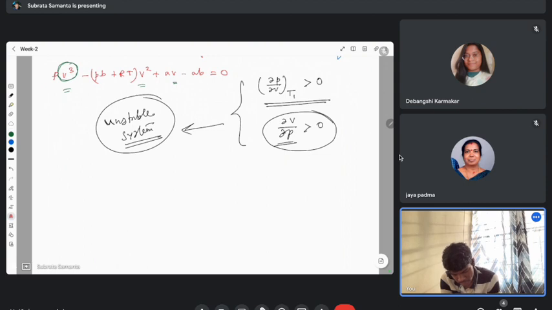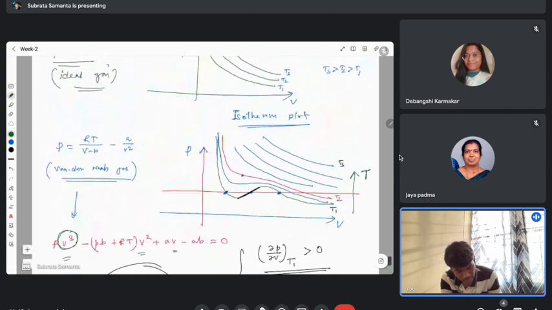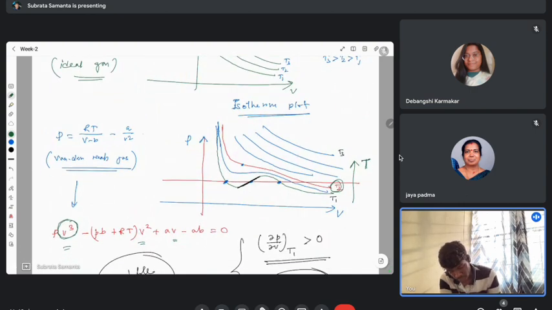Let's write it down explicitly: when the temperature is lower than a certain critical temperature, in the figure we saw this red curve, the T2 temperature.